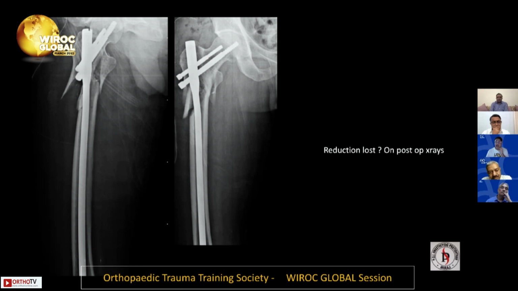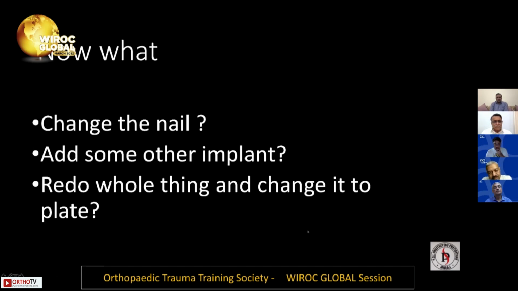This was way back in 2009, so at that time we were not doing any augmentation. If this had come today, I would have put a plate on the lateral side to prevent this. So at that time we needed to change the nail, or add some implants and redo the whole thing and change it to the plate.